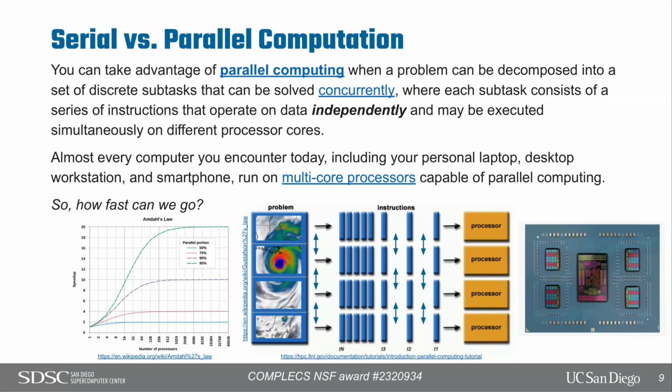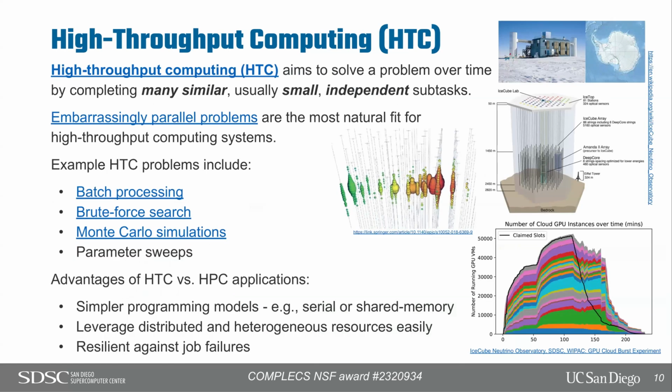In the weather simulation, you always have this exchange of data between the different processors to update the pressure and wind speeds and velocities across the boundaries, where high throughput computing is essentially trying to solve what we would call embarrassingly parallel problems, which are the most natural fit for these types of high throughput computing systems.